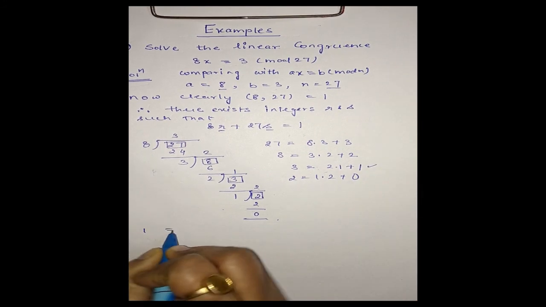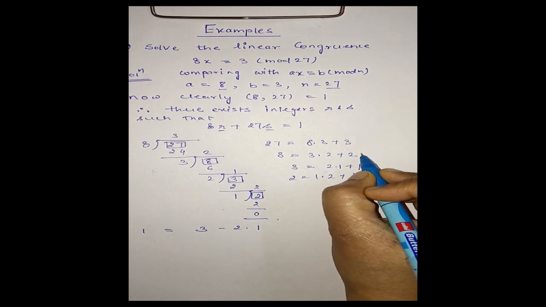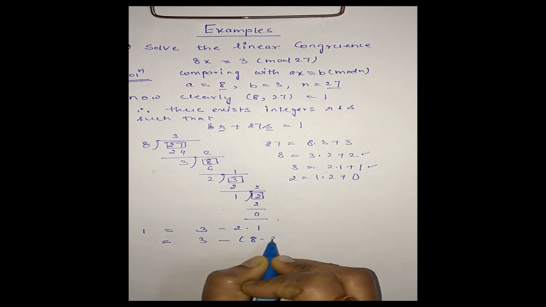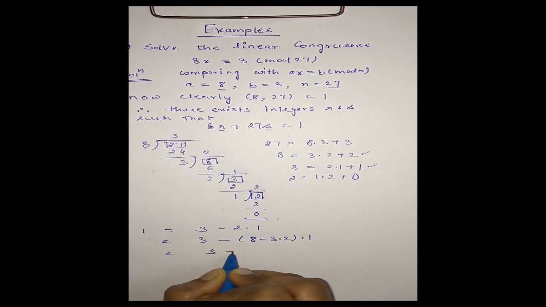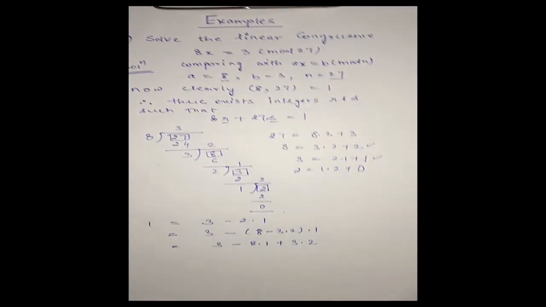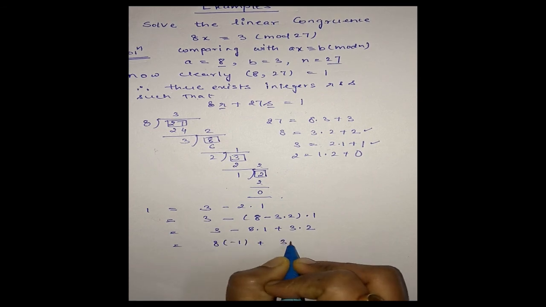Now start from the second last step. 1 can be written as 3 minus 2 into 1. From the second step, replacing 2 by 8 minus 3 into 2, that is 3 minus 8 into 1 plus 3 into 2, that is 8 into minus 1 plus 3 into 3.